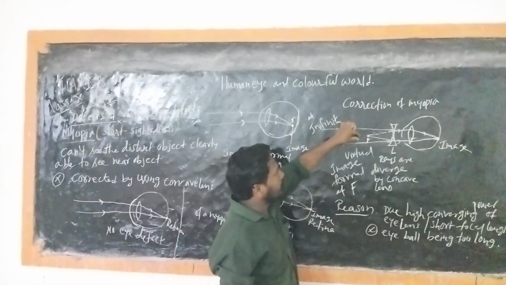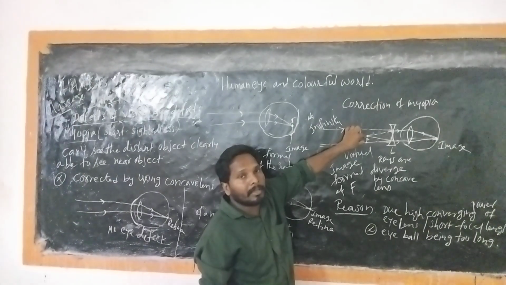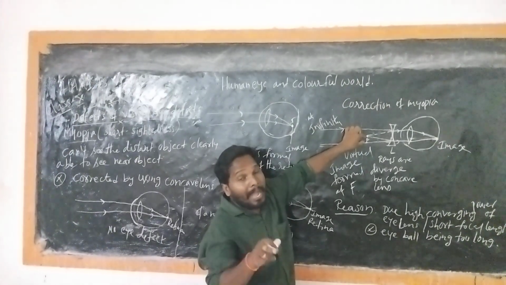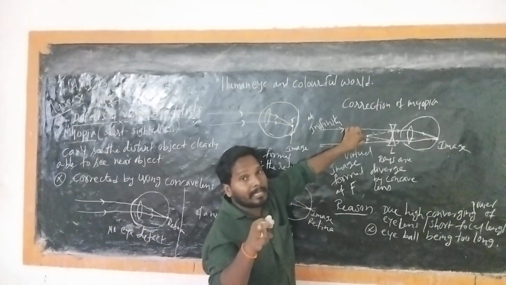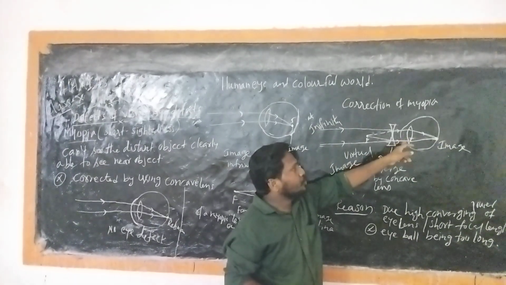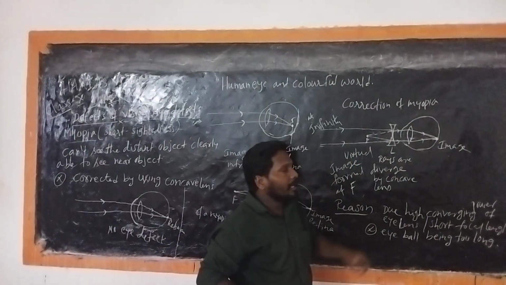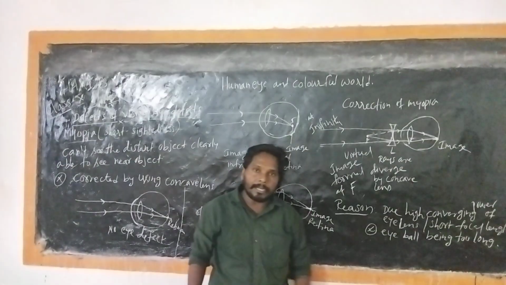This virtual image formed by the concave lens now acts as the object for the eye lens, so due to the convergence of light rays the image is formed on the retina.